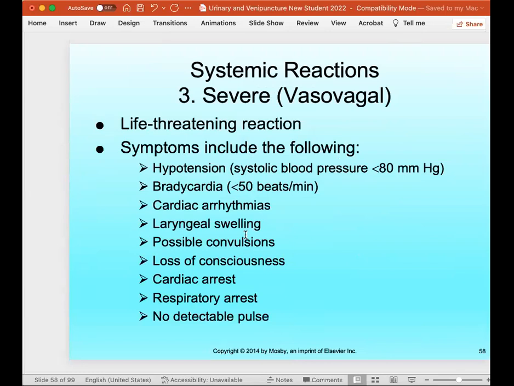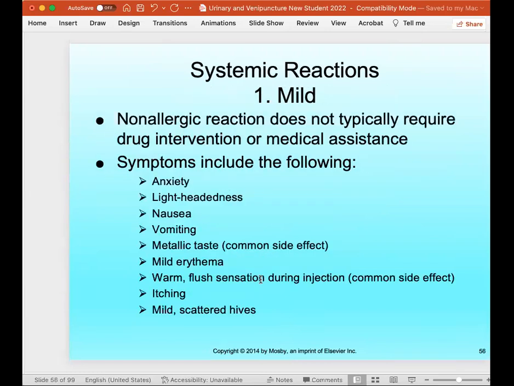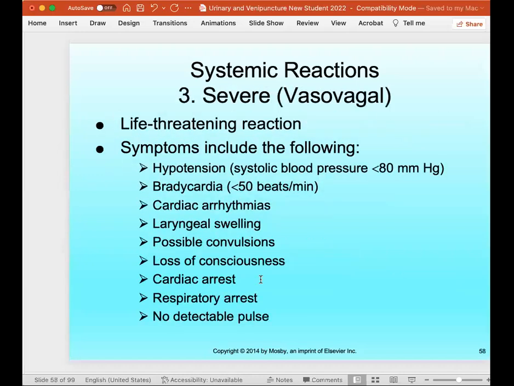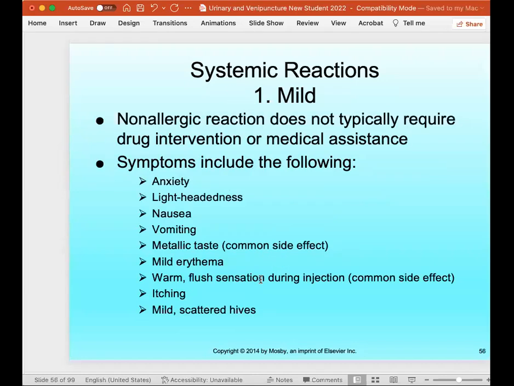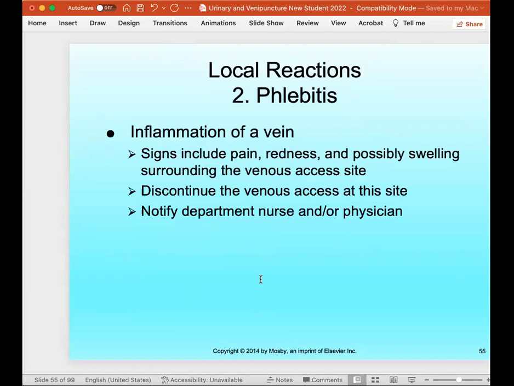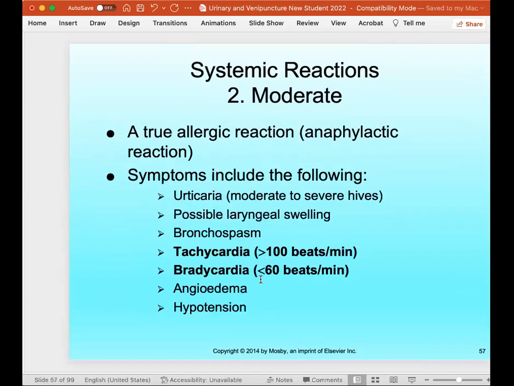You should be able to identify, by looking at a list of symptoms, what category they pertain to. Is it mild? Is it moderate? Is it severe? And I believe this week's discussion asks about the different reactions of contrast reactions. So make sure you review that.